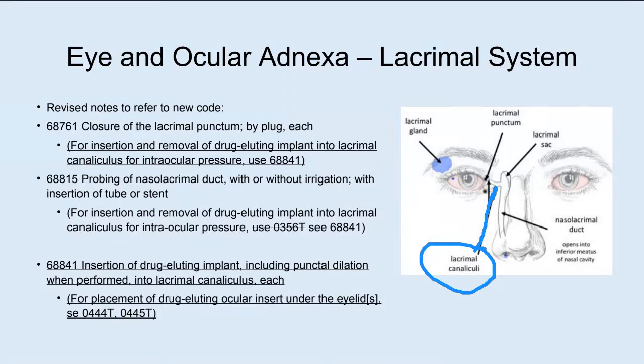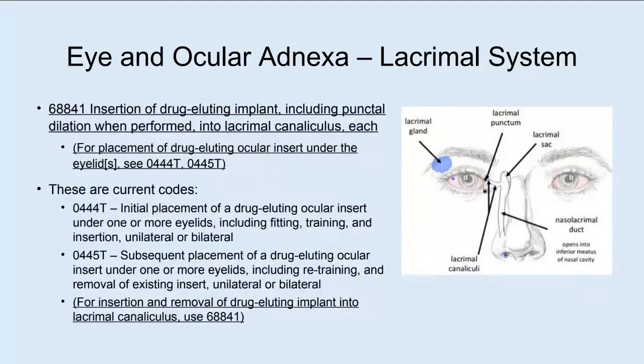See 0444T, 0445T. So it could be here, and that's one code, and if it's under the eyelid here, that's 0444T, 0445T. So different codes. Okay, 68841, insertion of drug-eluting implant including punctal dilation when performed, into the lacrimal canaliculus. That's here.